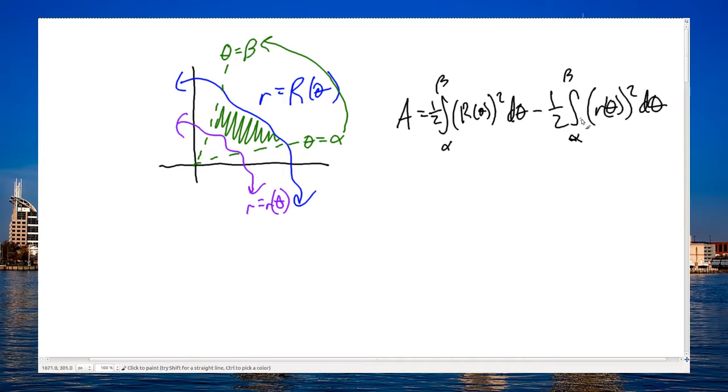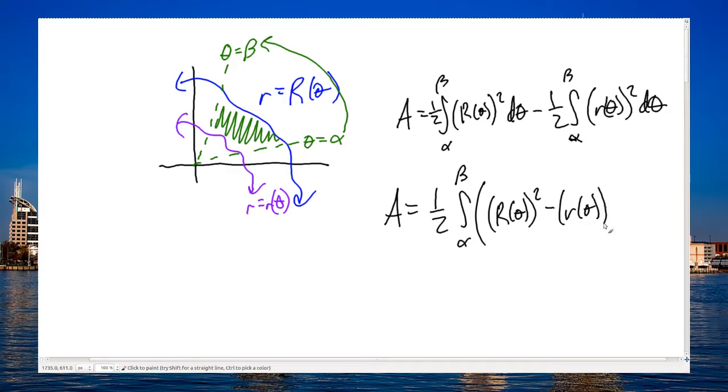But of course, we've got the 1/2s, we've got the same boundaries. The formula that we'll often use is just alpha to beta, big R squared minus little r squared d theta. Outside curve, inside curve.